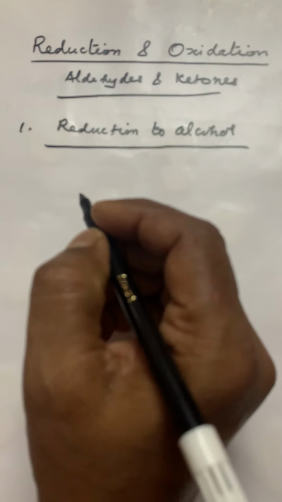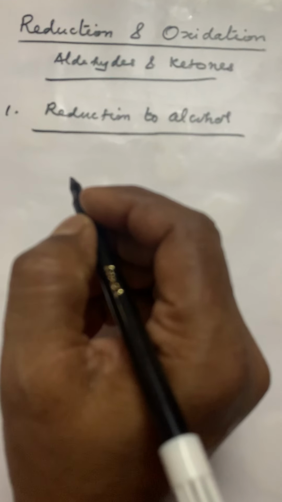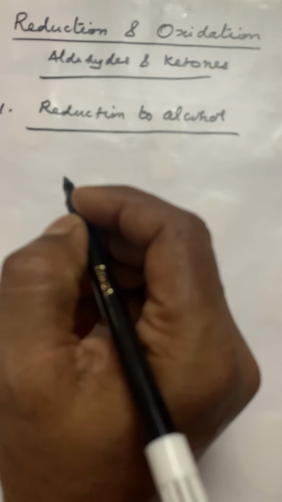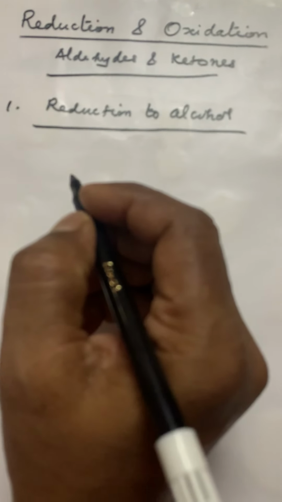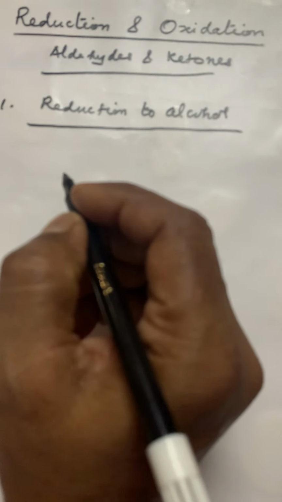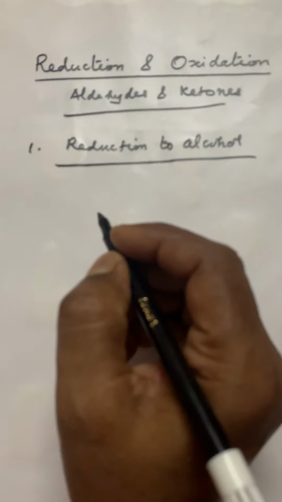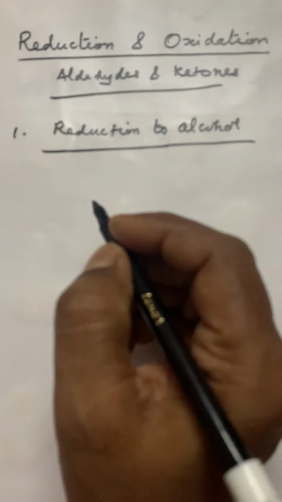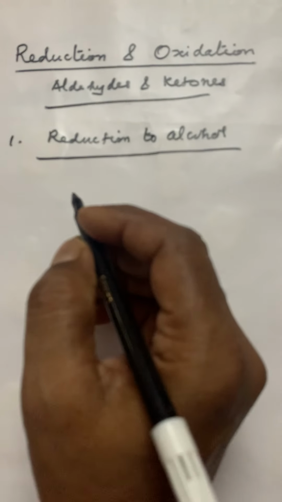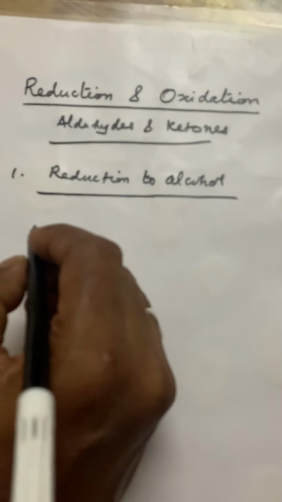Once again, aldehydes and ketones are reduced to primary and secondary alcohols respectively with hydrogen and nickel, or sodium borohydride or lithium aluminum hydride. Take example reactions.